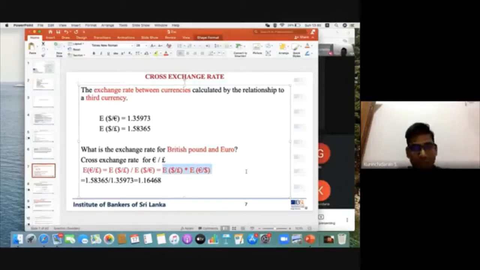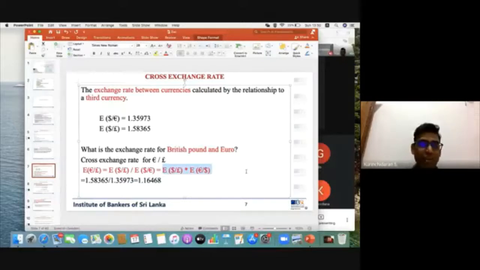So with the rationale, you also understand this rate can be obtained by dividing sterling dollar exchange rate by euro dollar exchange rate. So just work out and see. When you work out, you will find this very easy.